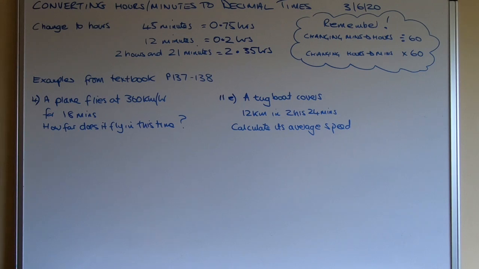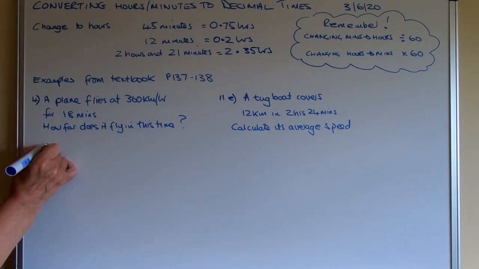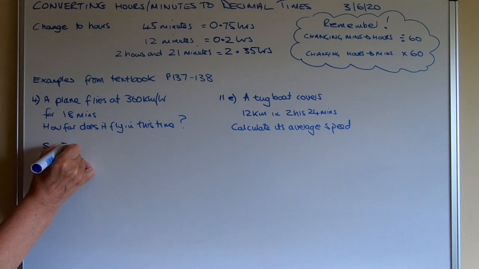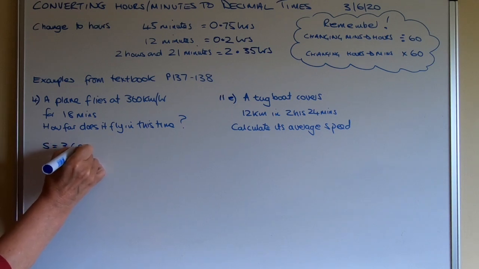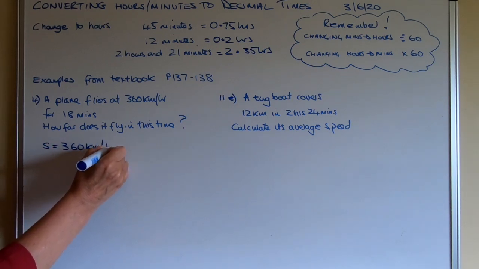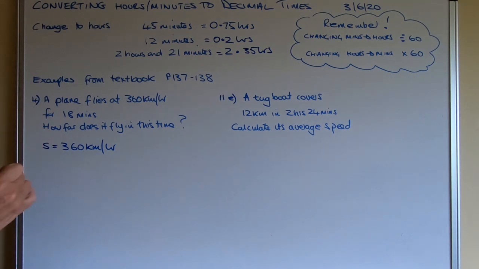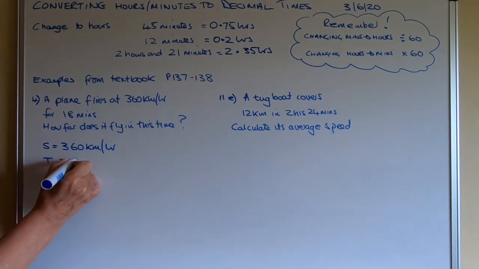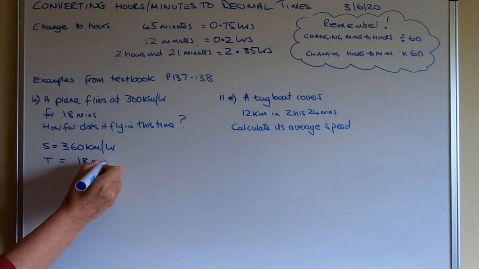Now what we said was you would write down what you have. A plane flies at 360 kilometres per hour, so the speed, 360 kilometres per hour, for 18 minutes. So the time is equal to 18 minutes.